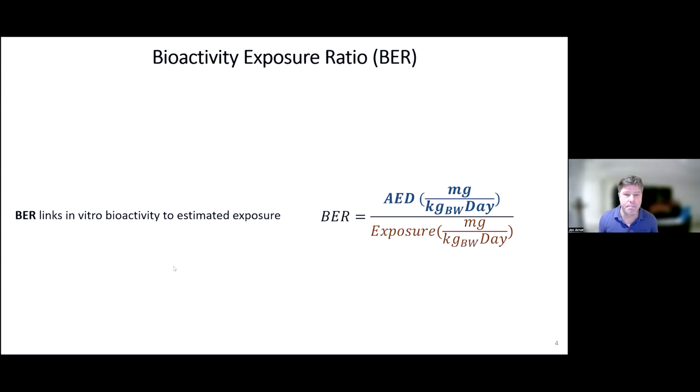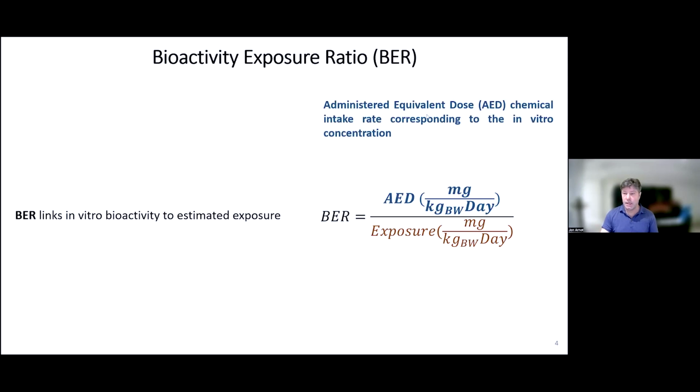All right, so what is a bioactivity exposure ratio? It is a ratio that links in vitro bioactivity to estimated exposures. So we have in the numerator the administered equivalent dose of a chemical intake rate, for example, in milligrams per kilogram body weight per day, that corresponds to the in vitro bioassay concentration. This is part of the IVIVE extrapolation process.